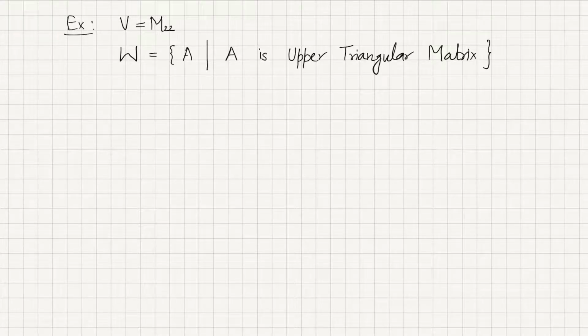You know what the meaning of an upper triangular matrix is: a square matrix is said to be upper triangular if all the entries below the main diagonal are 0. So is the collection of all upper triangular matrices a subspace or not? We have to check it.